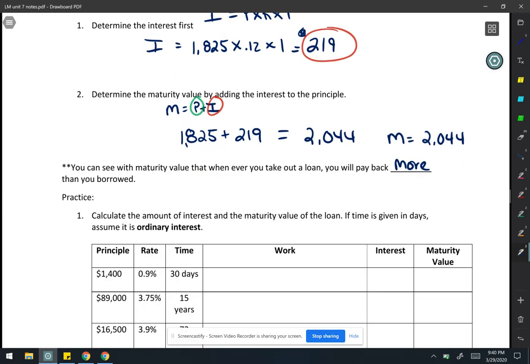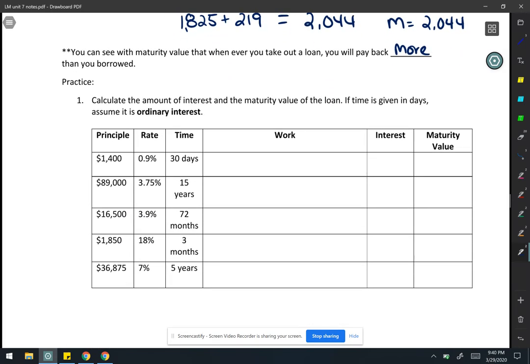Okay, now down below, very similar setup to what we just did on previous videos. We're going to find the interest, and then we're going to use our new formula, M equals P plus I, to find the maturity value.